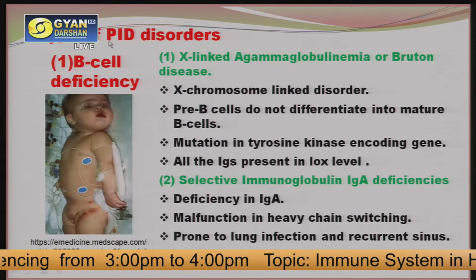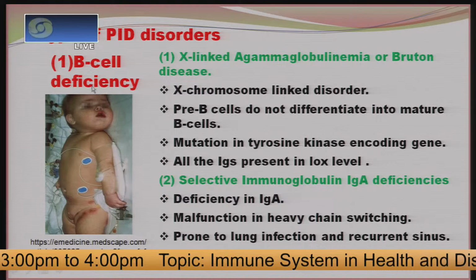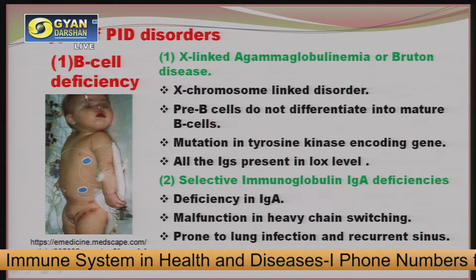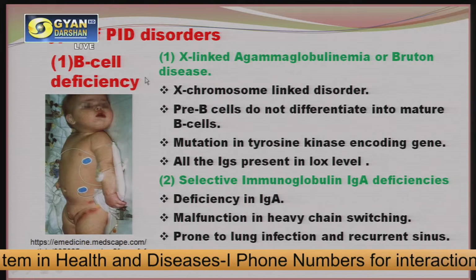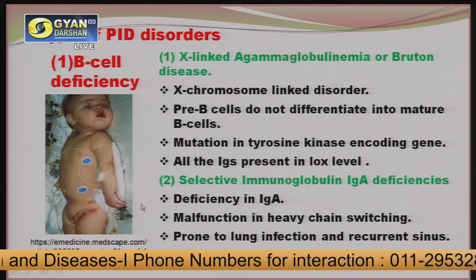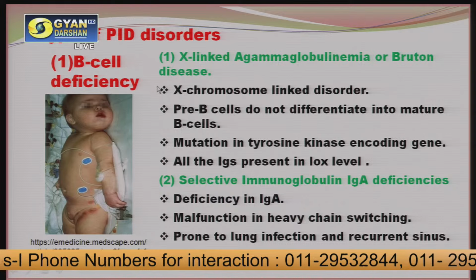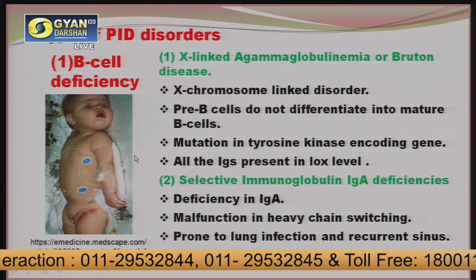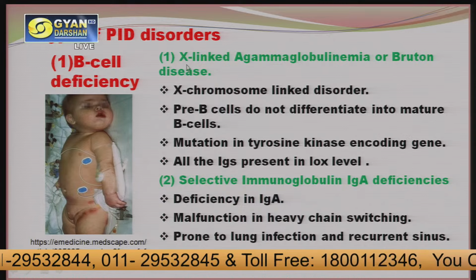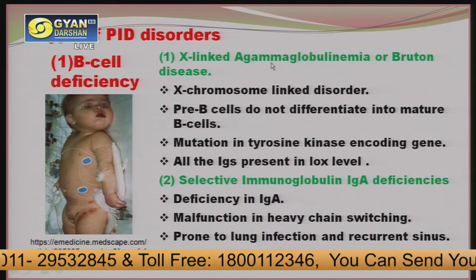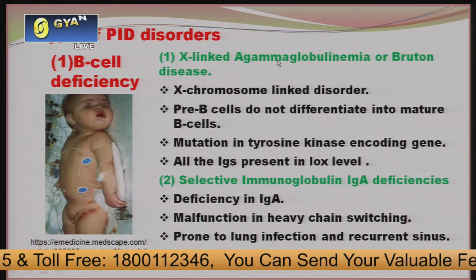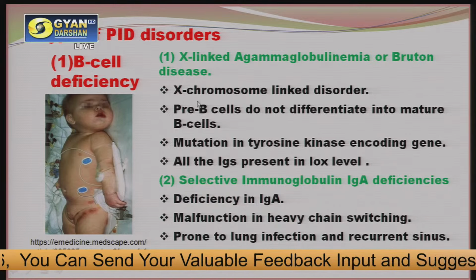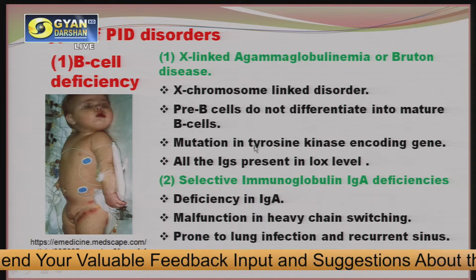Primary immunodeficiency disorders are divided into 5 types. The first one is B cell deficiency. I have already discussed in my previous lecture what B cells are and their role. Here is the B cell deficiency inside the body. Basically it is X-linked agammaglobulinemia, or Bruton's disease, an X chromosome linked disorder.